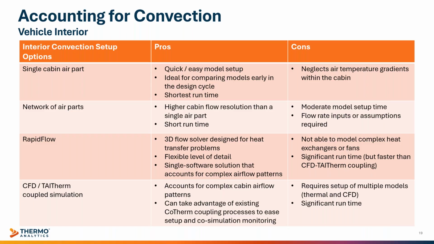People typically use this method when they need highly accurate air temperatures, surface temperatures, or human results, maybe to validate against test data, or because they're at the end of their design process and want to be really rigorous in confirming their design choices before creating a physical vehicle.